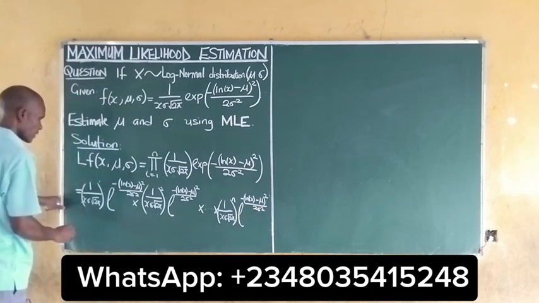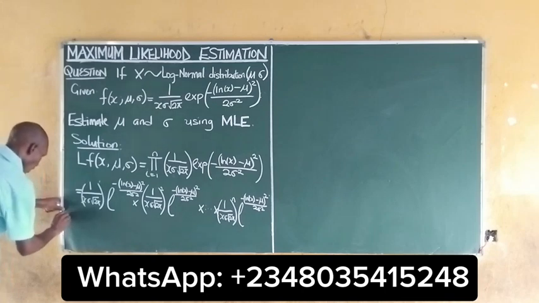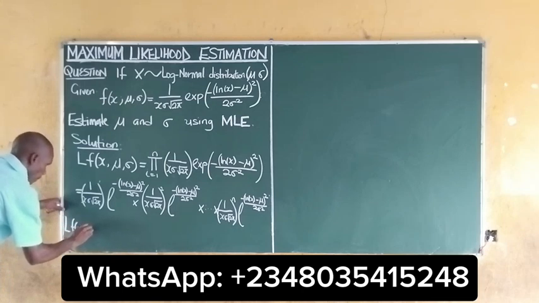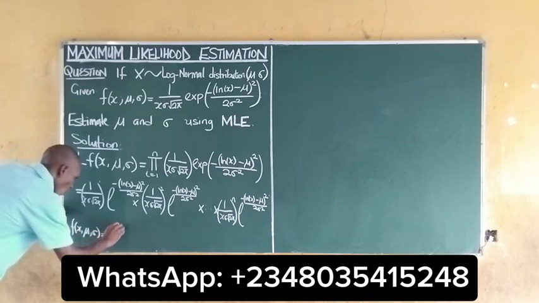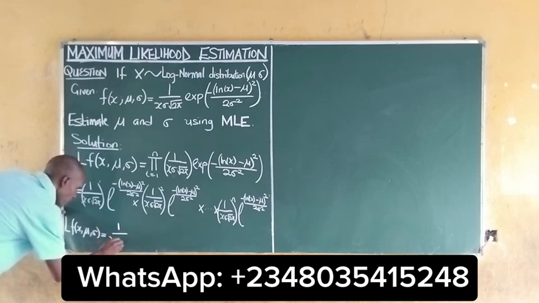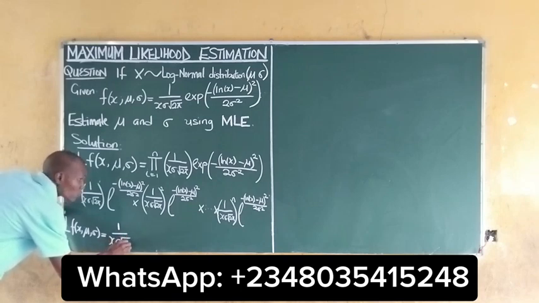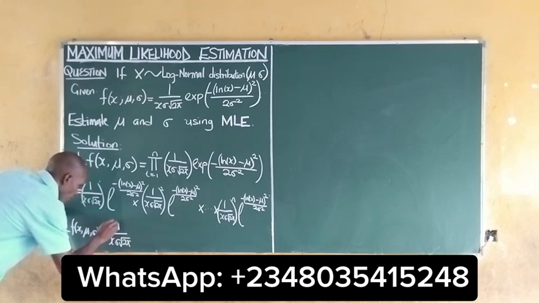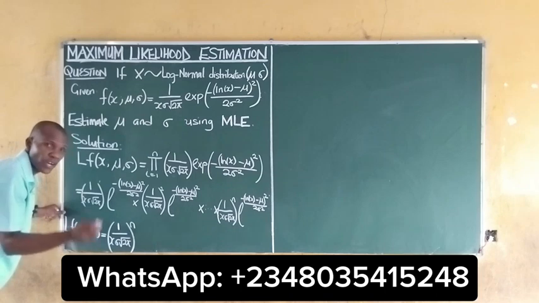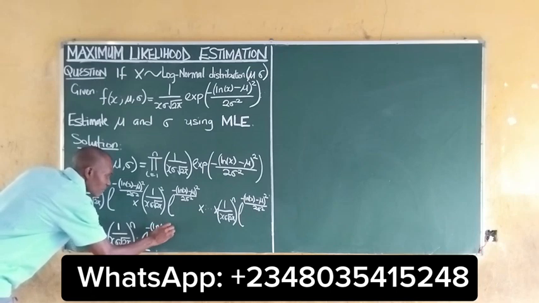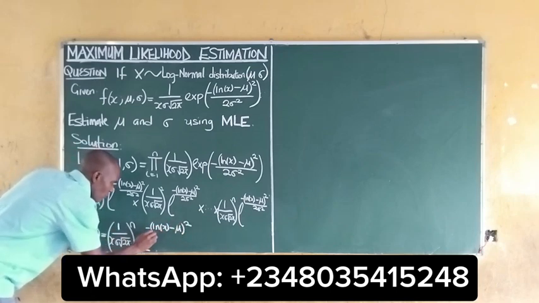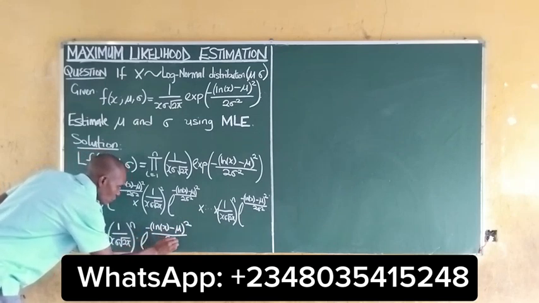So it then means that our likelihood function of mean and sigma will be equal to 1 all over x sigma square root of 2 pi raised to the power of n, because it will go n times, multiplied by the exponential negative ln x minus mu raised to the power of 2 all over 2 sigma squared.